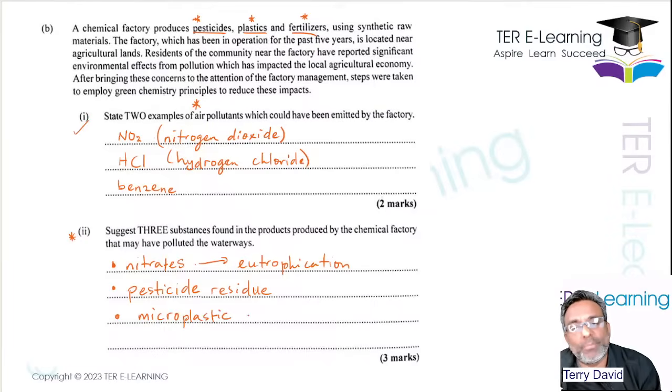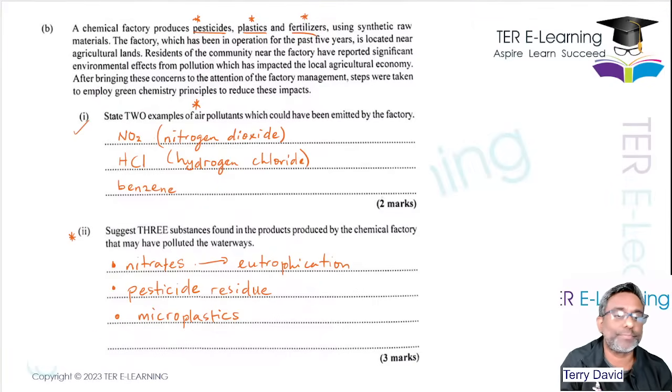When you end up with microplastics in the water, that's very small particles of plastics. This could end up in fishes, and these things could accumulate in the food chain. So they just want 3 substances. Any one of these could work here.